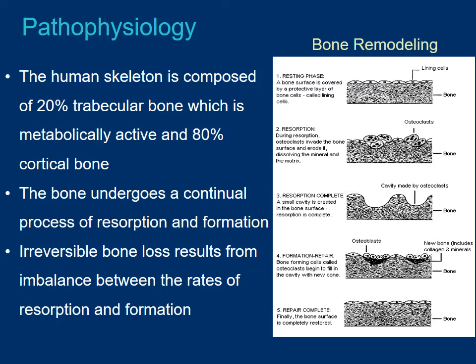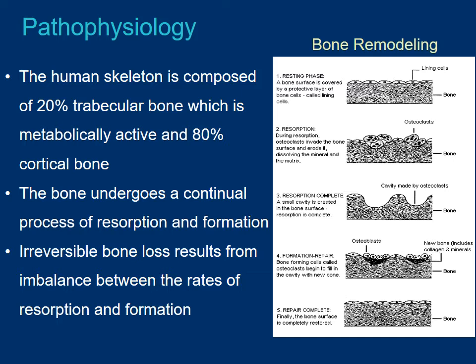In the resting phase, the bone surface is covered by a protective layer of bone cells, which are called the lining cells. During resorption, the osteoclasts, which are cells that invade the bone surface and erode it, remove the minerals and the matrix. After resorption completes, a small cavity is created in the bone surface.